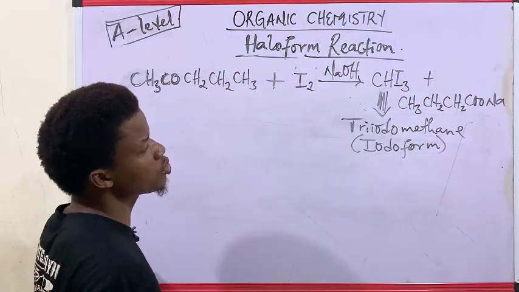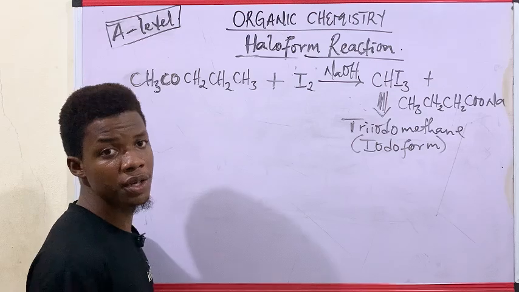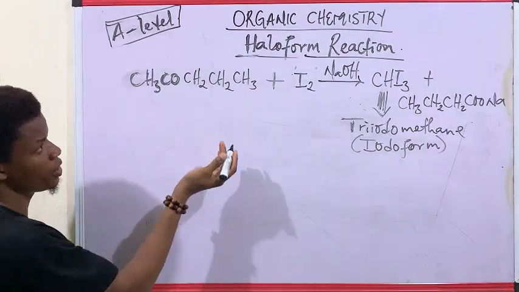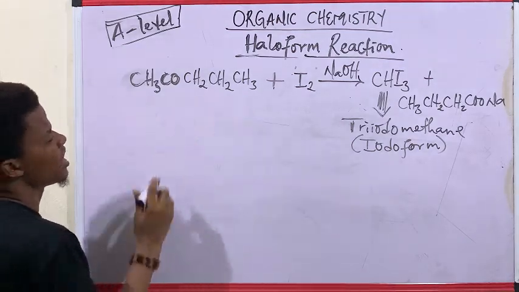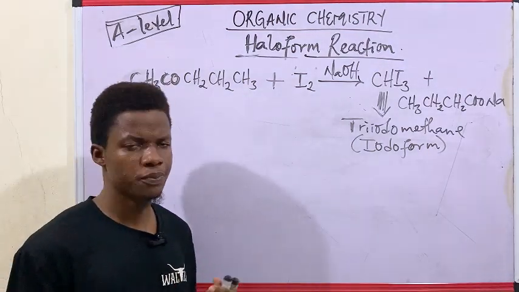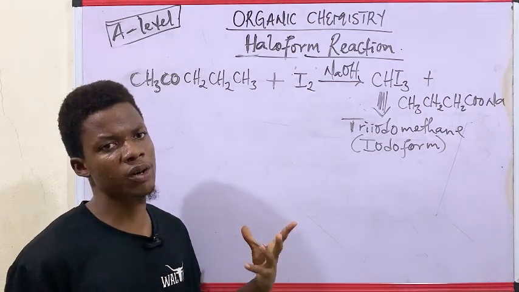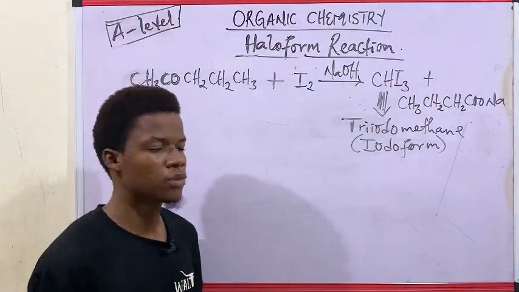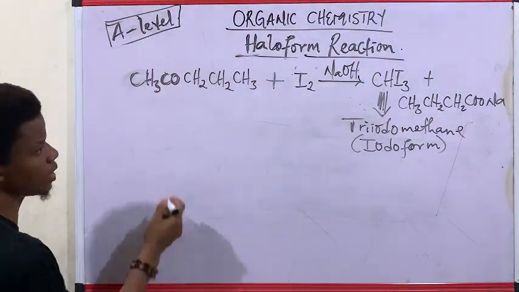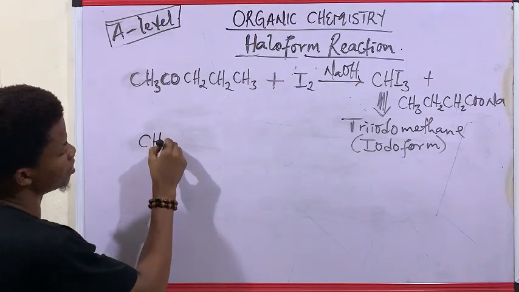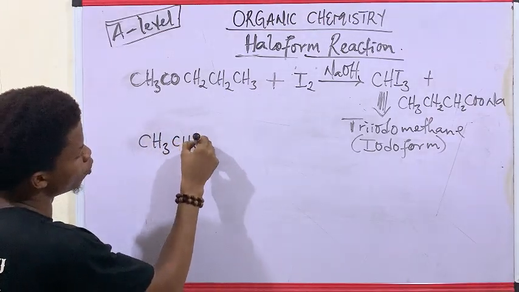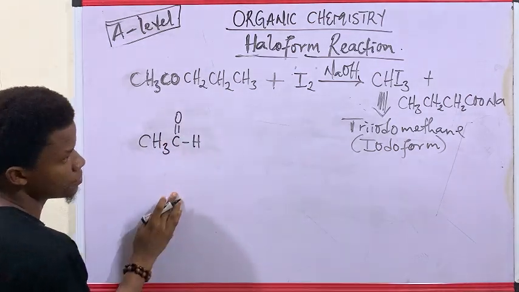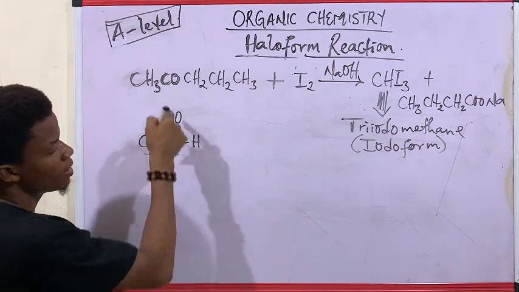Iodoform is just the common name for it. We can also use chlorine, or even bromine. Let's use chlorine. Think of any carbonyl compound, between aldehydes and ketones, that has a methyl carbonyl. We can use ethanal, CH3CHO, which we can rewrite with the carbonyl double bond. Now it has a methyl carbonyl.